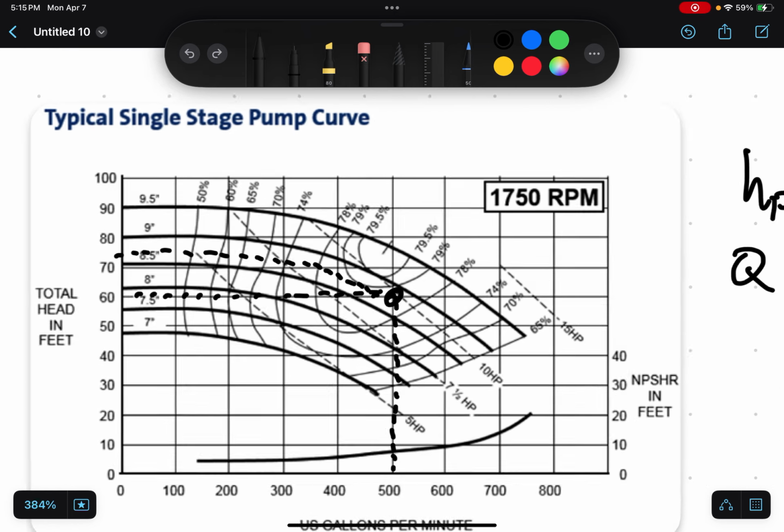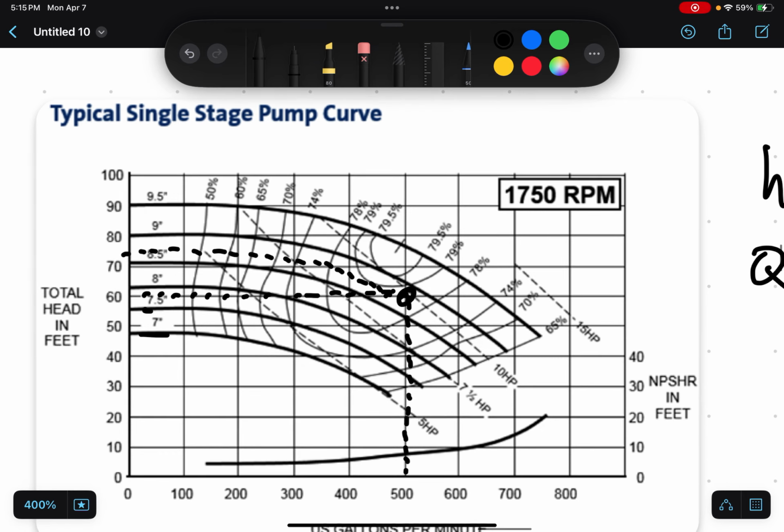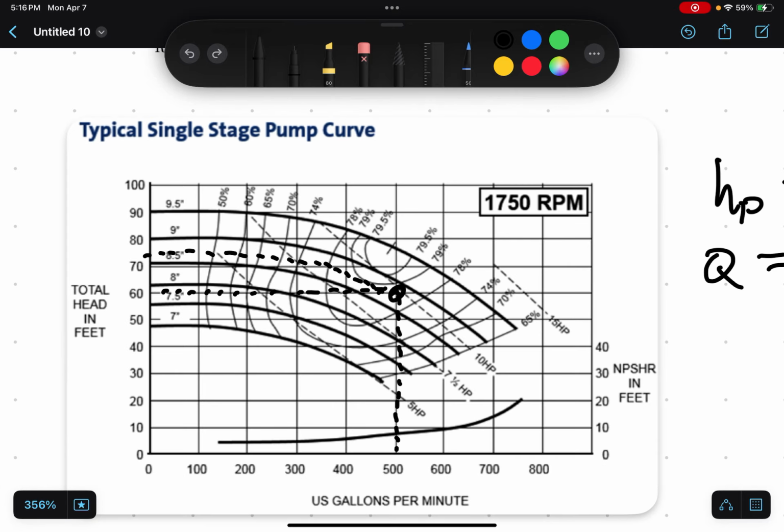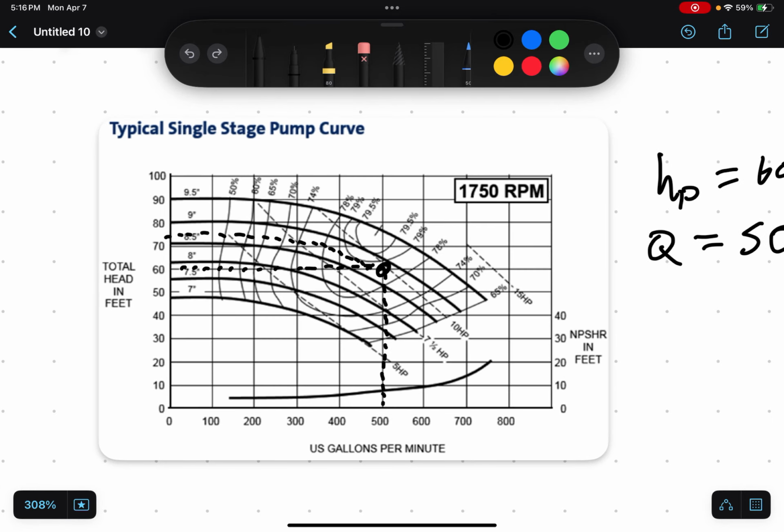But I guess, all right, what is this pump curve showing? So these are diameters of the impeller. So basically, how big is the pump? These lines are efficiency lines. So ideally, you want to be at the highest efficiency. So where is that? That is somewhere in here. Probably right there. So you want to set up your conditions such that you can end up right here.